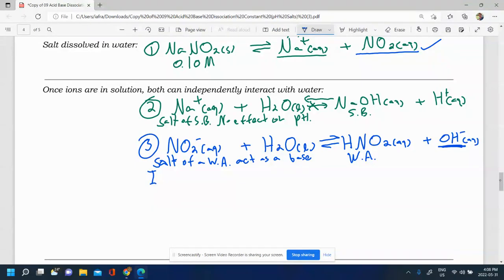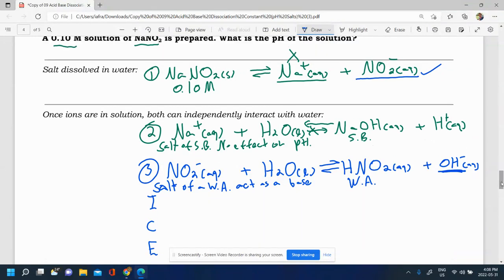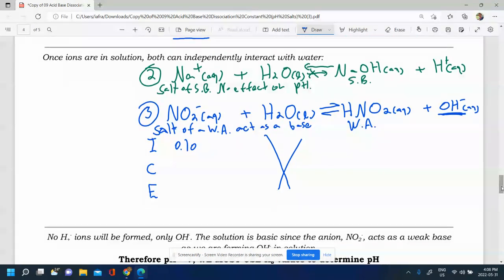So we'll create an ICE table. We need the initial concentration of NO2 minus, and we can get that using our mole ratios here. So all this would become 0.10 molar since it's a 1-to-1 ratio. So 0.10 molar there. We don't care about the water since it's a liquid and its concentration is not going to change.